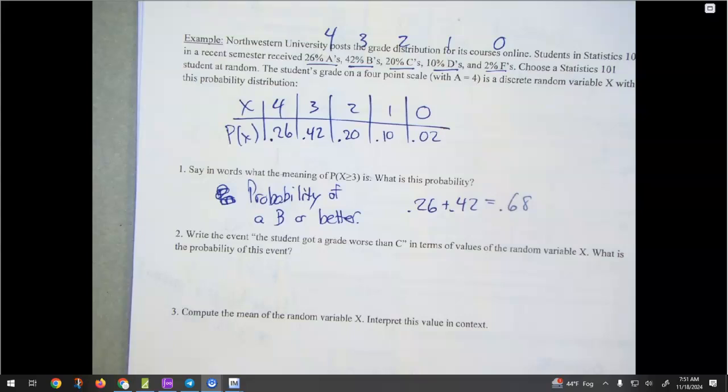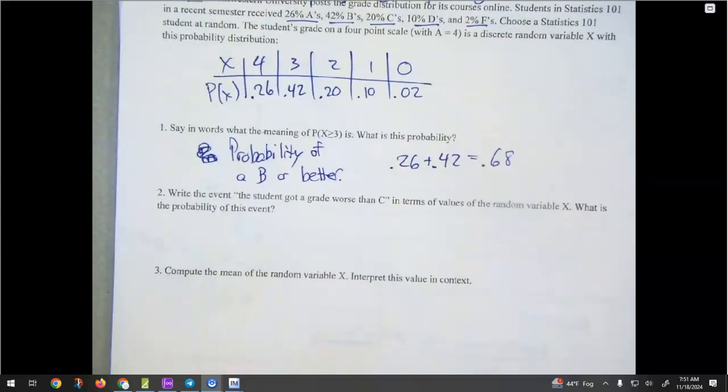Number 2 is going backwards. Try 2 and 3. Number 2, you have to write the probability question, which I think is harder. Try 3 and then we'll look at it.